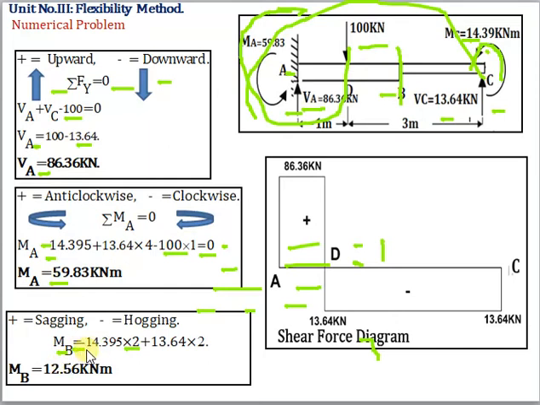Don't consider the 2 here because this is a direct moment. The next force is the vertical force 13.64. It rotates about point B in an anti-clockwise sense, so plus 13.64 into 2. So MB is equal to 12.88 kilonewton meter.